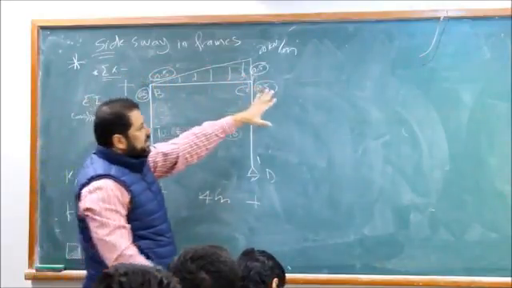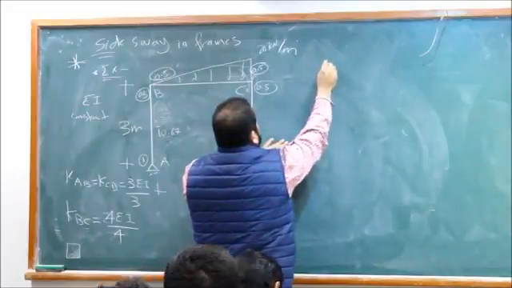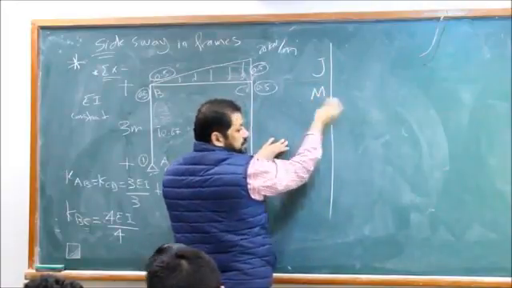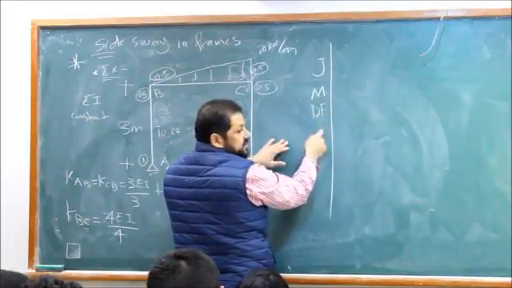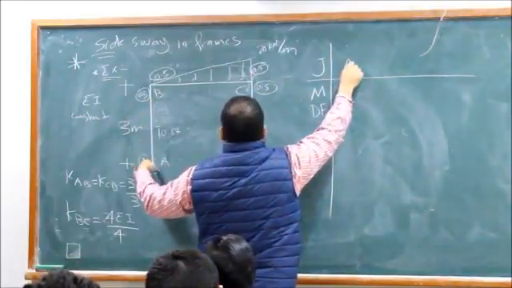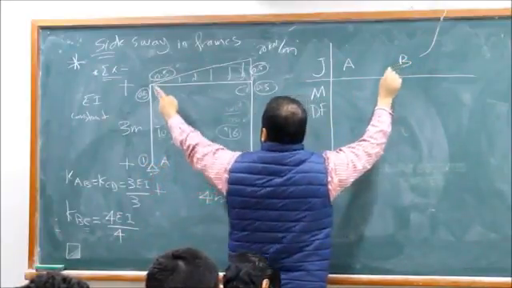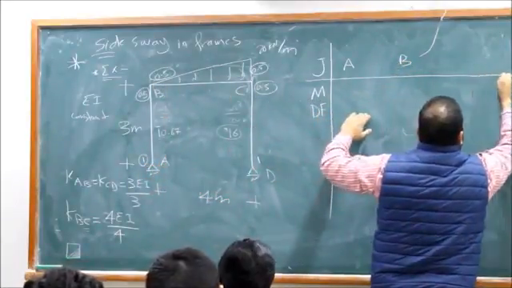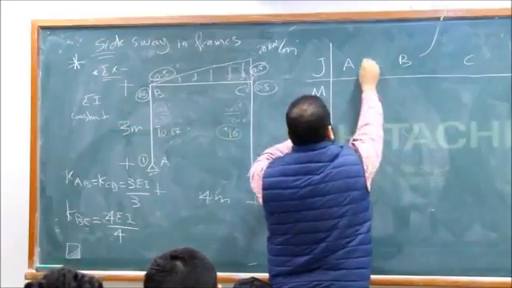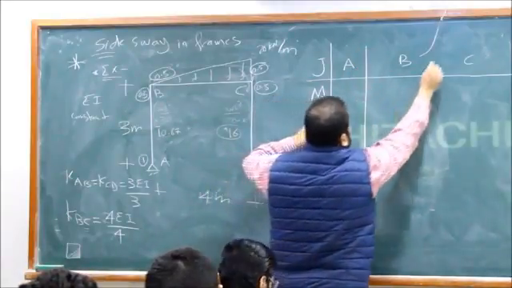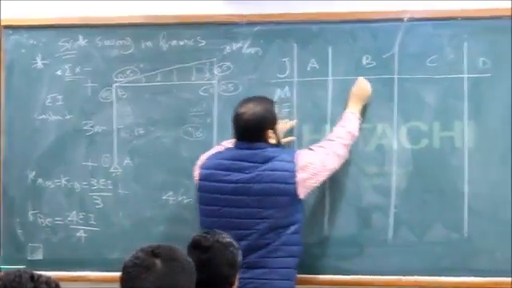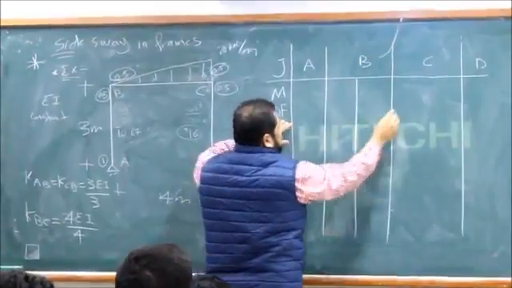Now let's make our table. J joint, M member, DF distribution factor. These are the information we need. We have A with 1 member, B with 2 members, C with 2 members, and D with 1 member.